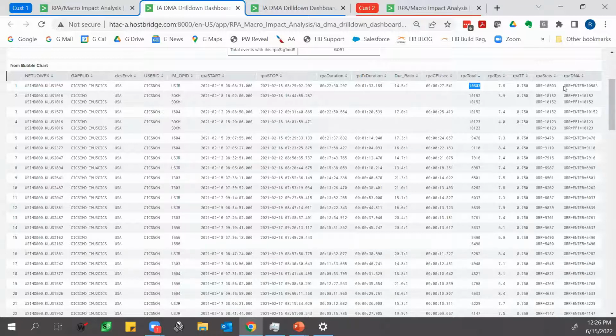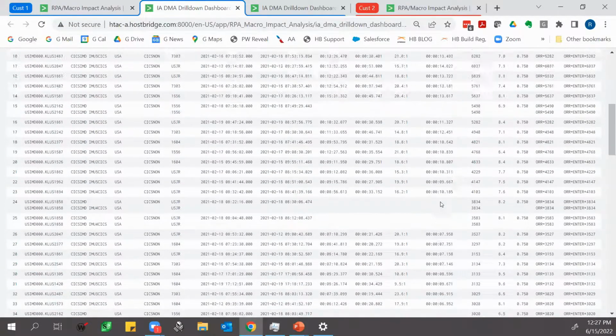So, what did it do? Well, if you look right over here at the DNA, this is a bot that simply camped out on a given transaction, ORR, and pressed the enter key 10,503 times at a rate of 7.8 times per second. And you can see the sum total of all the CPU time, the CPU seconds that are being consumed by this activity.